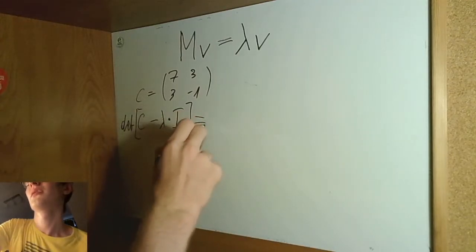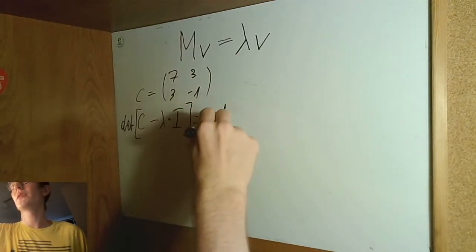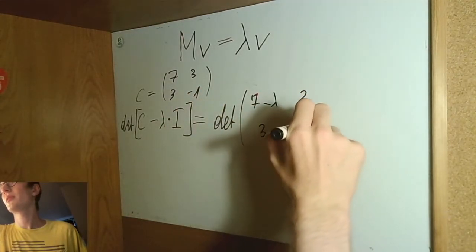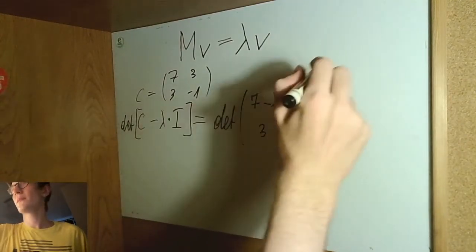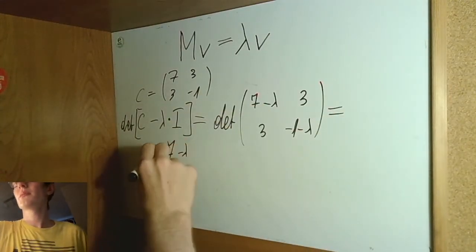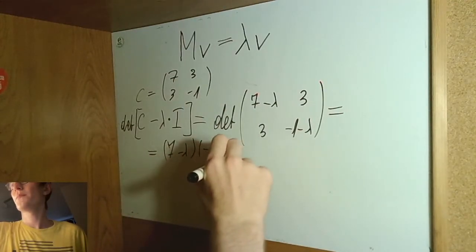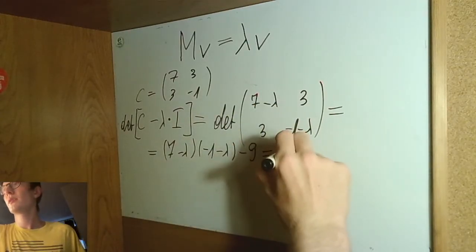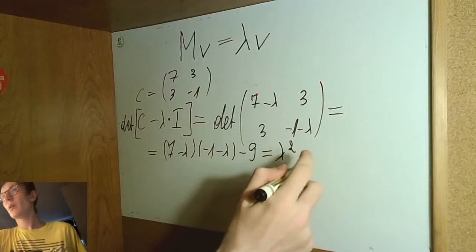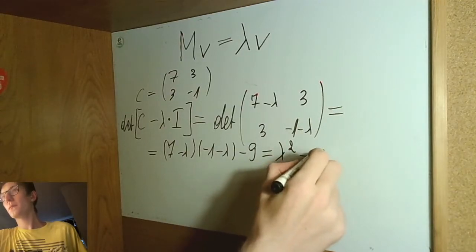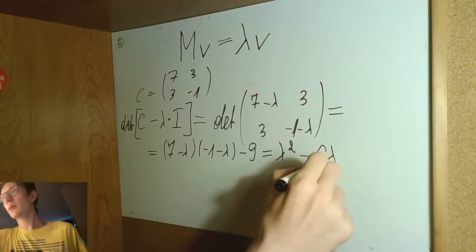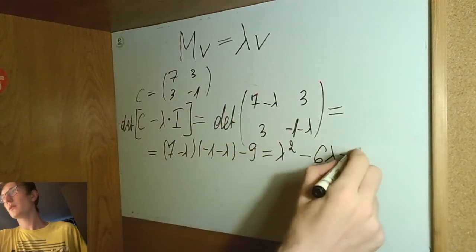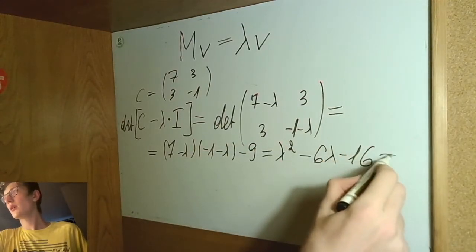Okay, so it's 7 minus lambda, 3, 3, minus 1 minus lambda, which is 7 minus lambda times 1 minus lambda, minus 9. Okay, and this is lambda squared minus 6 lambda, minus 7, minus 9, so it's minus 16.